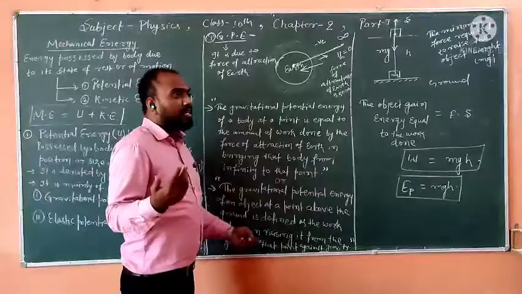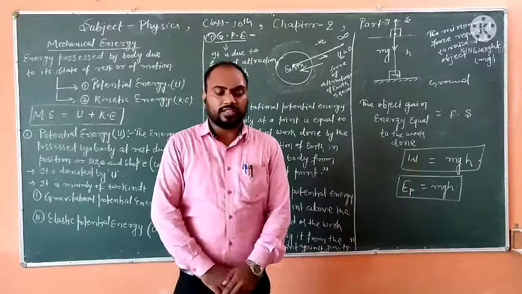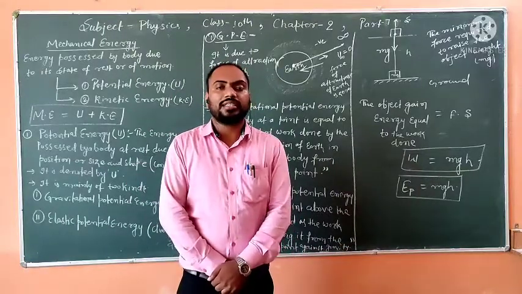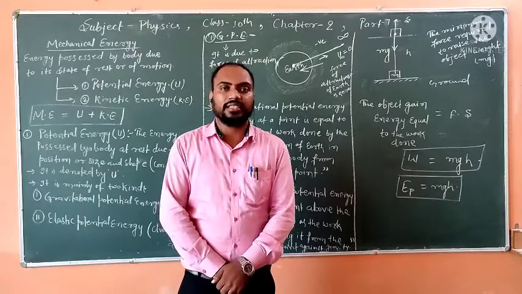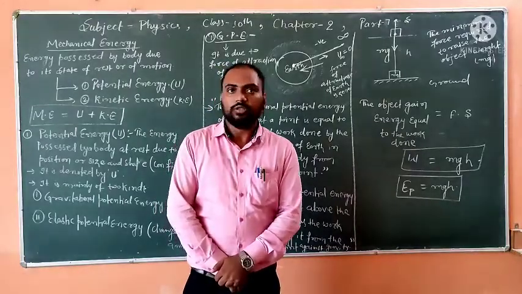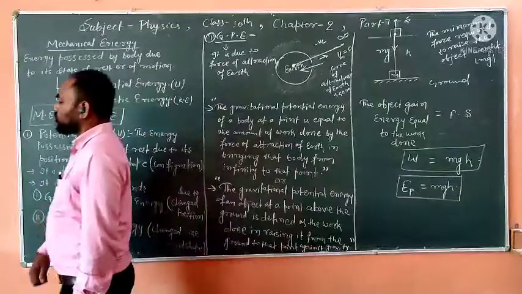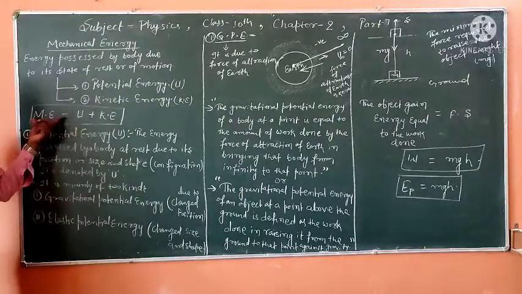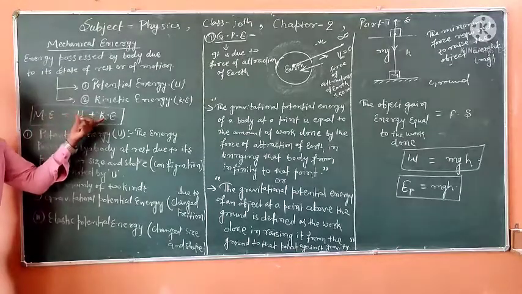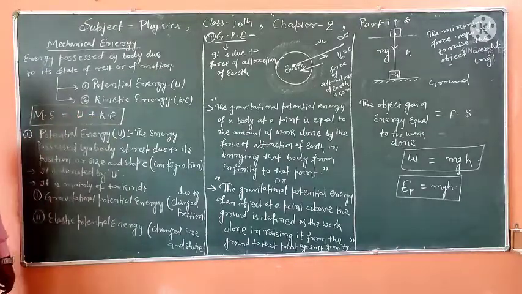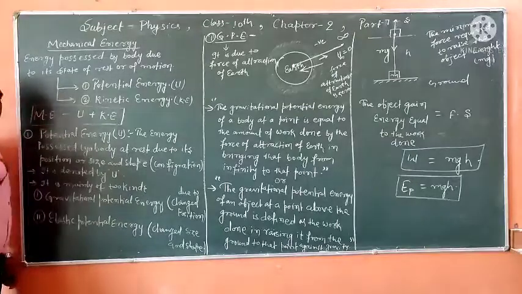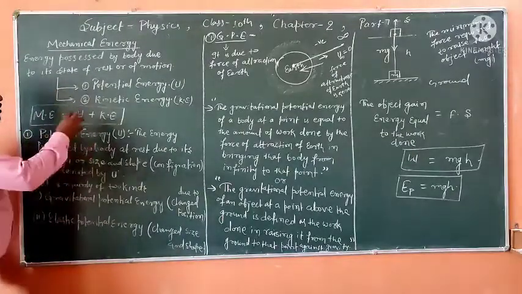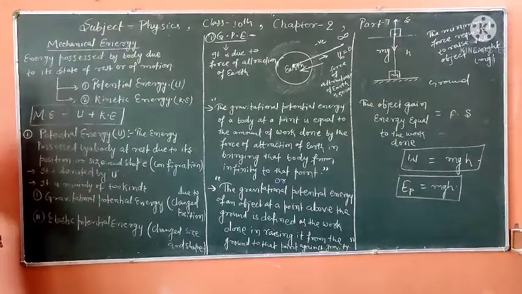If I am simply at rest at some height, at some edge of the surface of earth, it means I have only one mechanical energy, that is potential energy. Do you understand? So mechanical energy has another definition. It is the sum of potential energy and kinetic energy of a body.